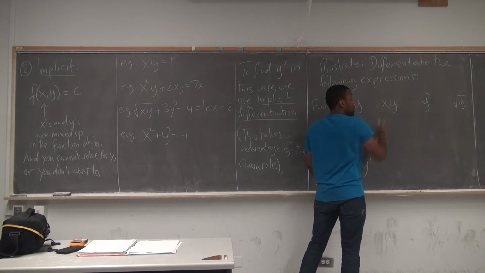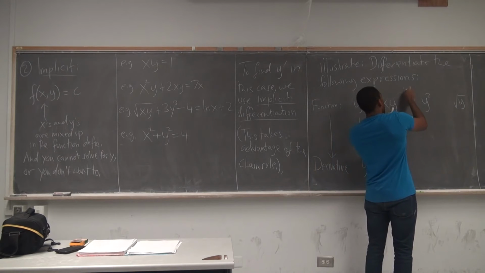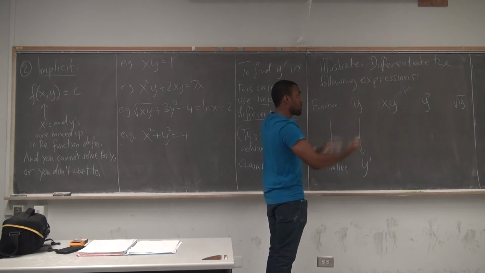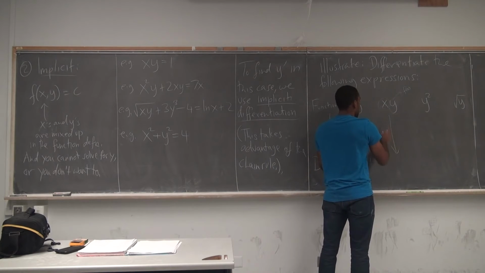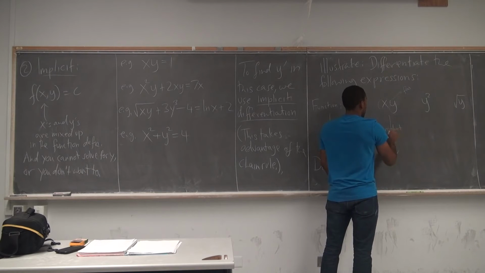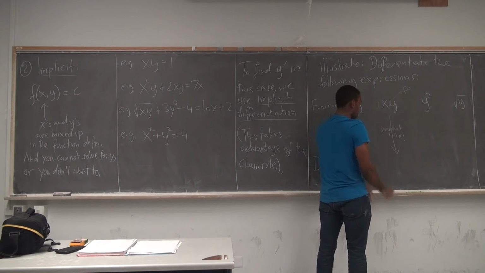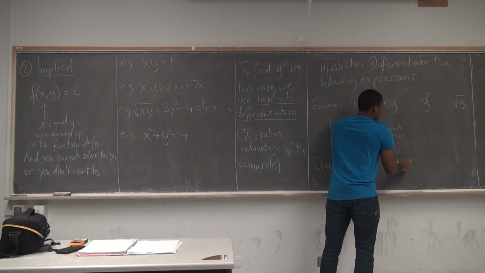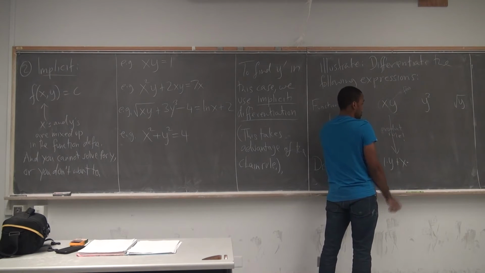I have two functions being multiplied. Now remember, the y is some function in disguise. I don't really know what it is. This y is some f of x, with some definition packed into it. So it's a whole function by itself. So now I have x times another function, but it's still two functions multiplying, so I'm going to use the product rule. And what does that say? I differentiate the x and leave the y: 1 times y, plus, now I leave the x and differentiate the y, which gives y prime.